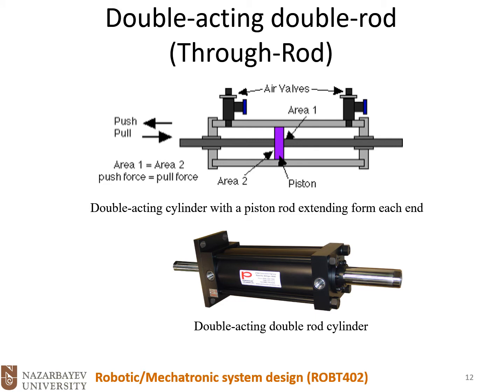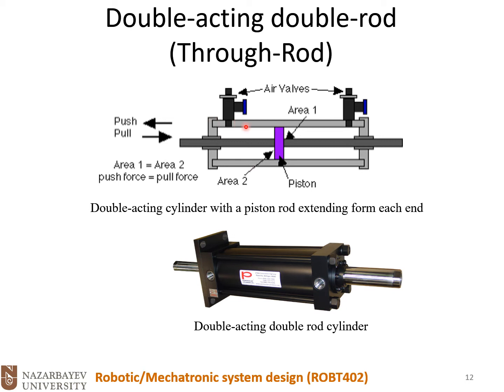Okay, so let's go to another type of pneumatic cylinder. Those are double acting, double rod cylinders, or in some cases they call it through rod. It's a very similar mechanism.